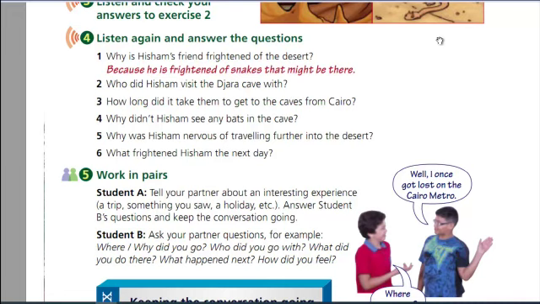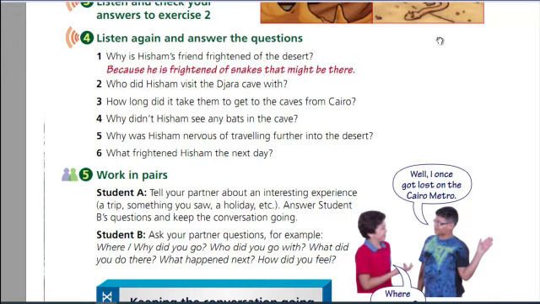There are a lot of snakes in the desert. Hisham: That reminds me of a trip we once took to Dajra cave. Our relatives from France were staying with us for a holiday and they wanted to see it. Anyway, we left Cairo early in the morning. It took us almost a day to drive there.